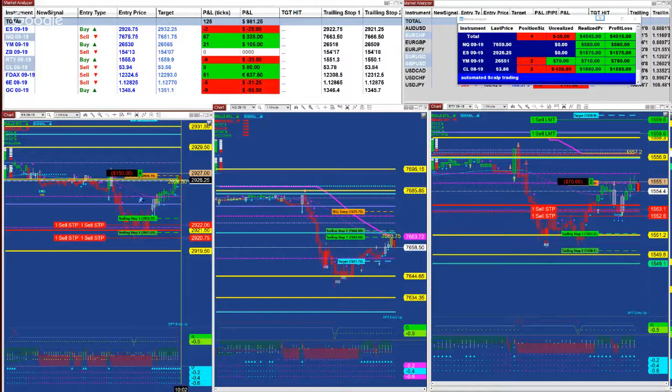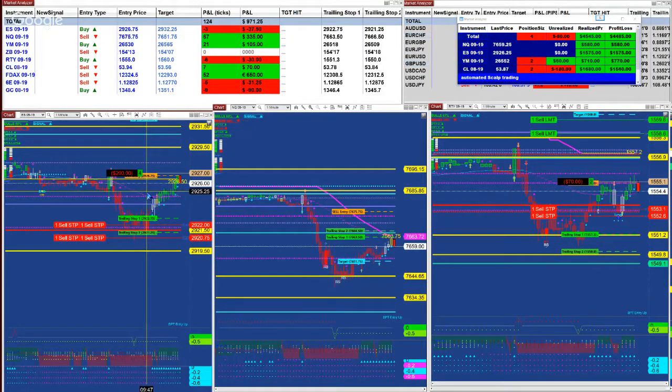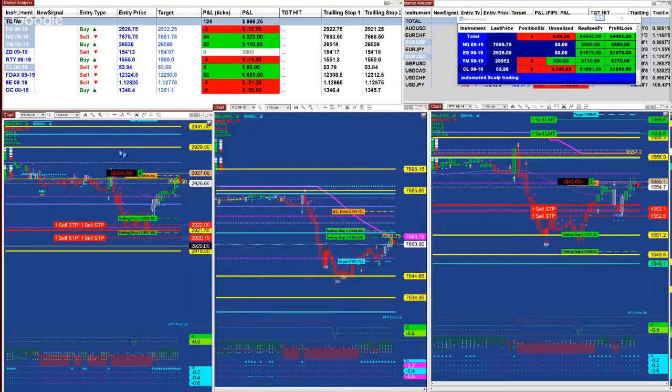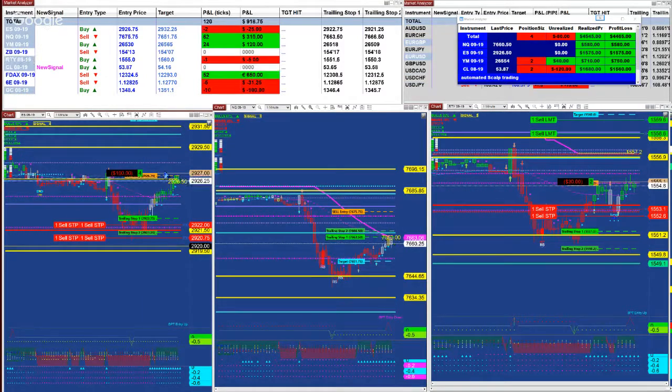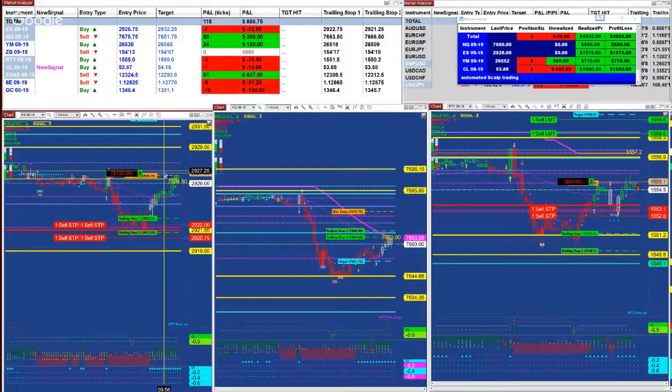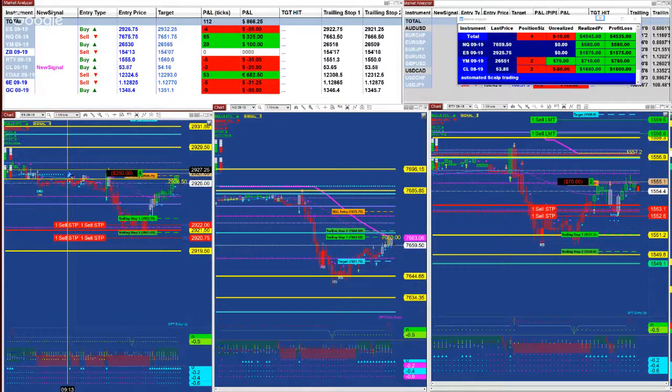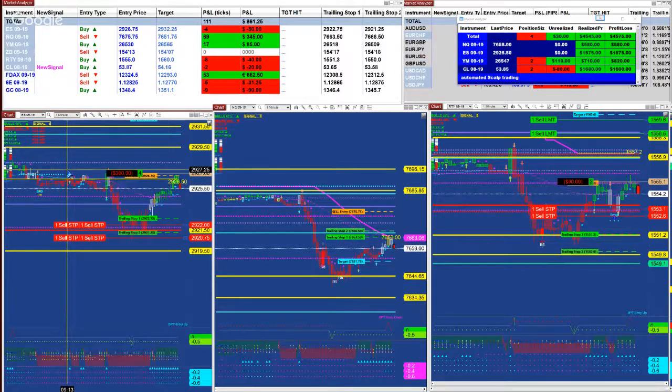Then you go back and put the same number, 2927, as a limit order to buy. So if you are not on that trade, leave it alone. Then you put your buy order at 2927, as long as you don't want it to go more than 15 ticks.